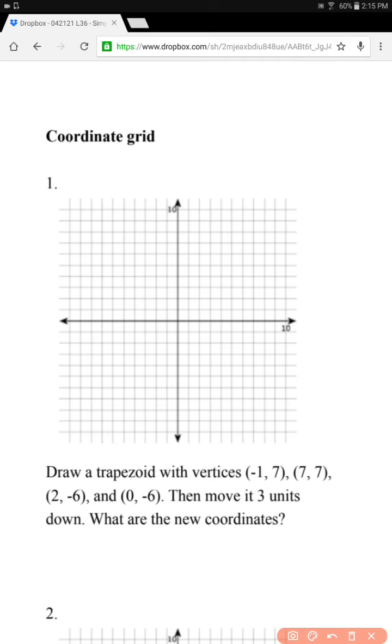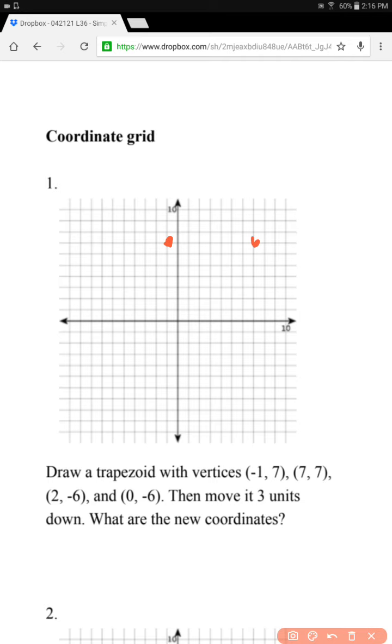So, -1, 7, 1, 2, 3, 4, 5, 6, 7, right here. Then 7, 7, 1, 2, 3, 4, 5, 6, 7, should be right there.